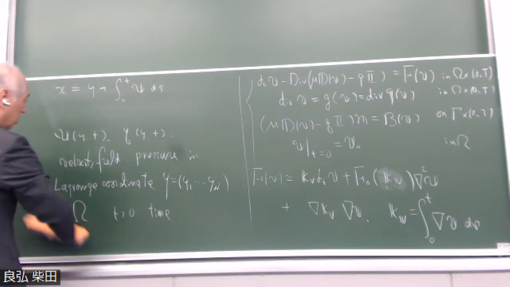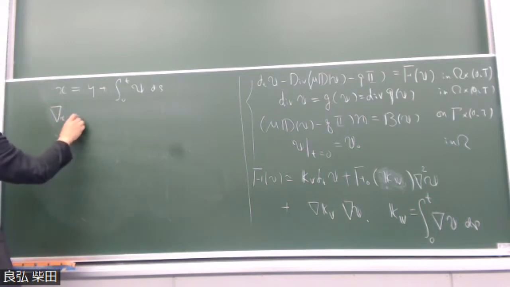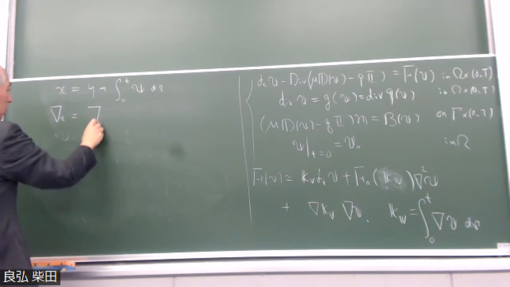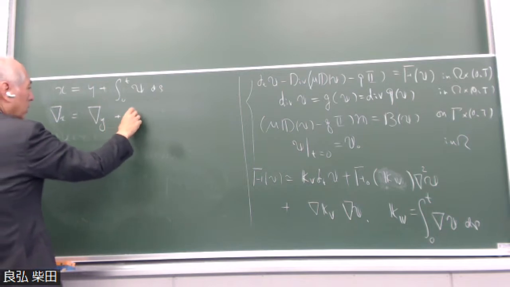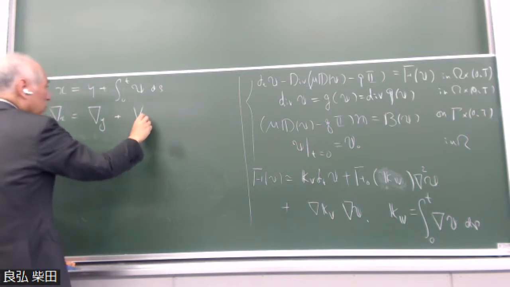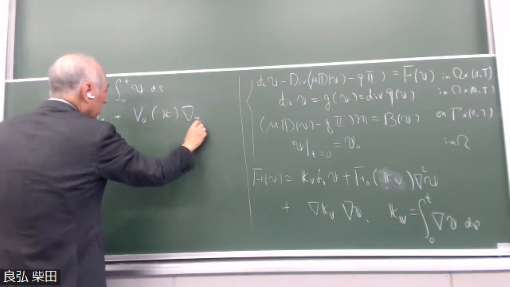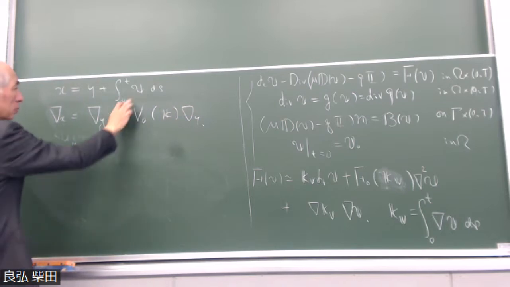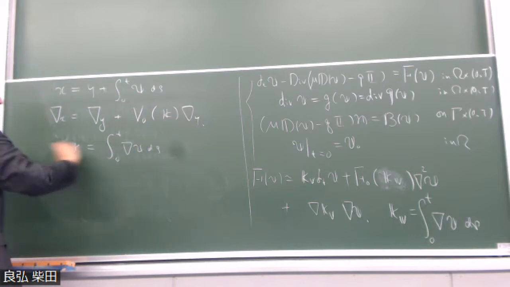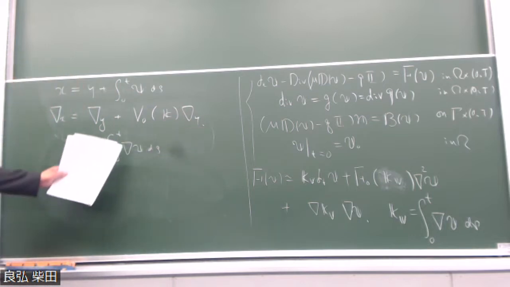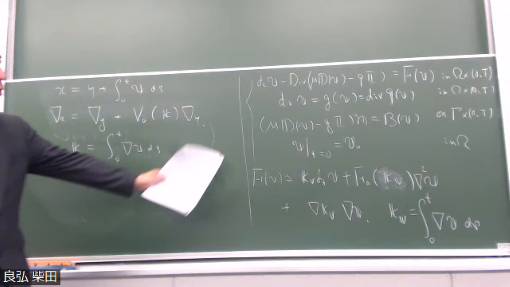Therefore, the derivative with respect to x becomes the derivative with respect to y plus some nonlinear function, this k(v). So from this transformation, you get these nonlinear equations.